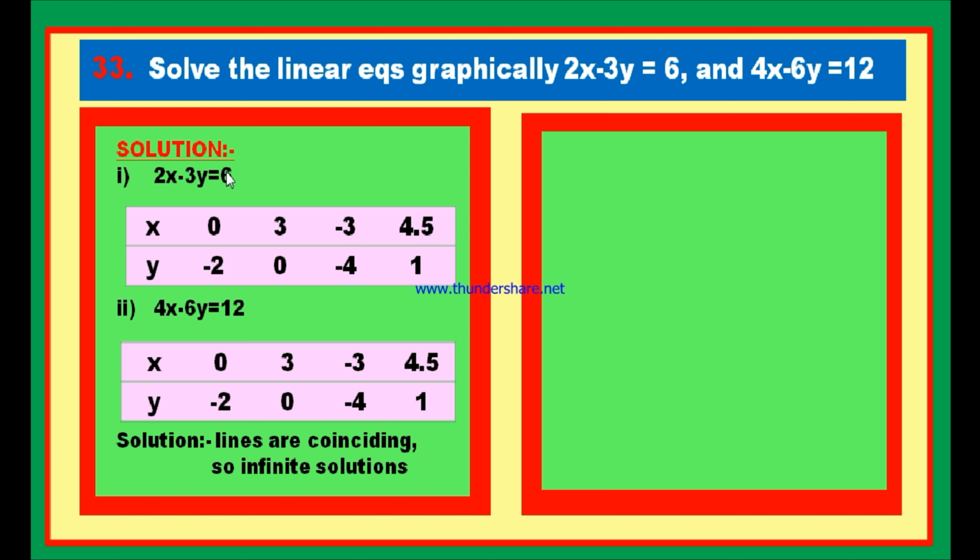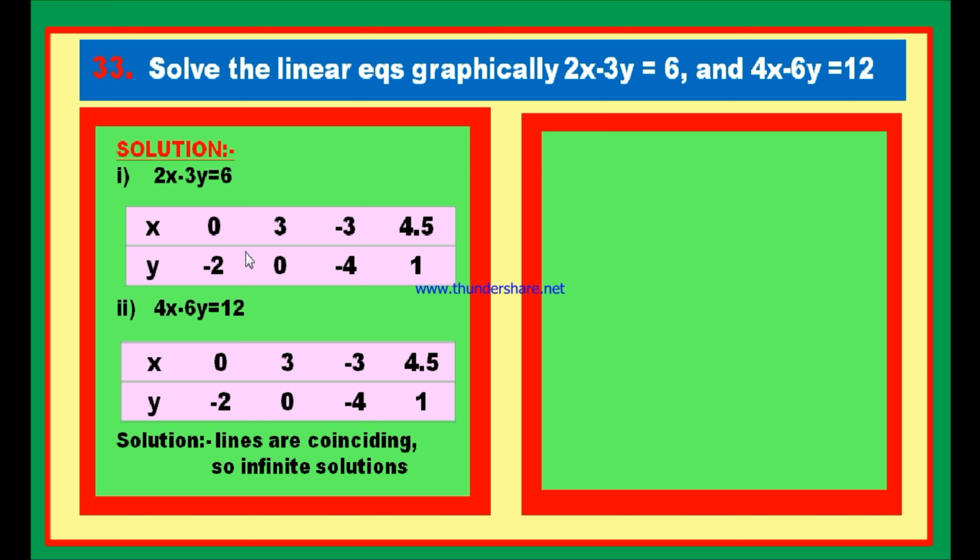And next, substitute x is equal to 4.5, then 2 into 4.5 is 9, 6 minus 9 is minus 3, then minus 3y is equal to minus 3 and y is equal to plus 1. These are the 4 points which satisfy the given equation.